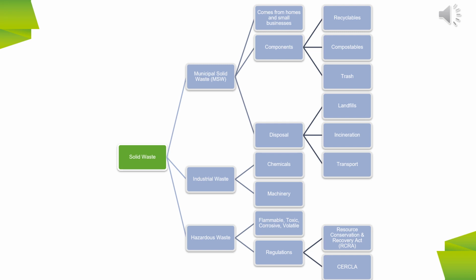Industrial waste is made up of chemicals and machinery. And hazardous waste are those things that are considered flammable, toxic, corrosive, or volatile, and are regulated by the Resource Conservation and Recovery Act, or RCRA, and CERCLA, or Superfund.